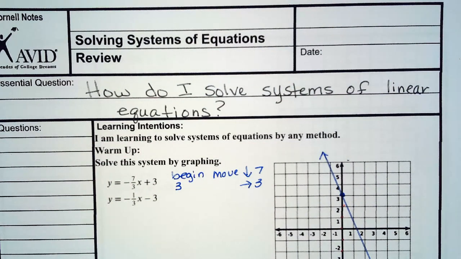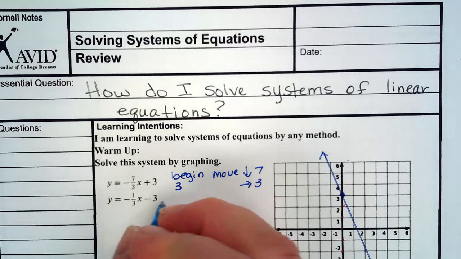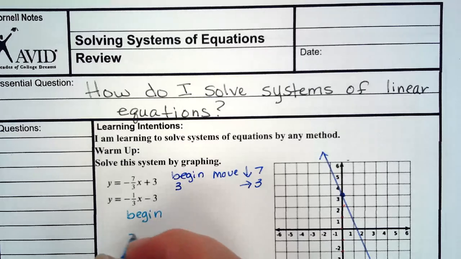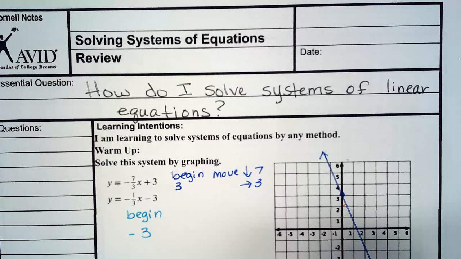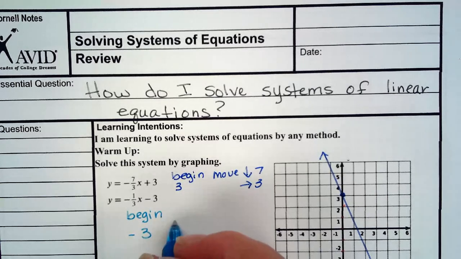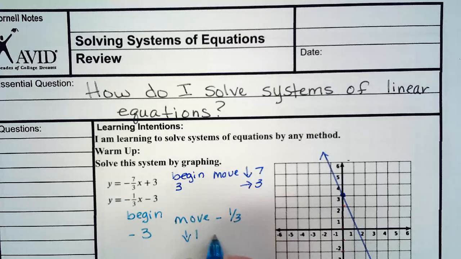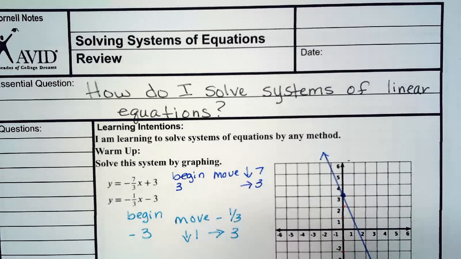For the second line, where do we begin? We still begin at the end, so we begin at negative 3. I move negative 1/3, which is down 1, and then right 3. Down 1, right 1, 2, 3.